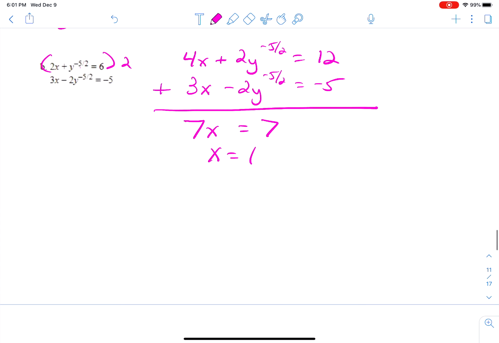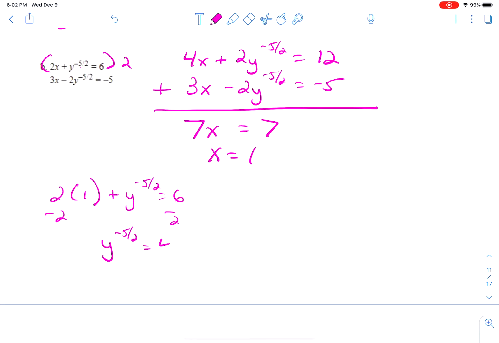So if x is equal to 1, y is equal to, I'm going to subtract 2 from each side. So y to the negative 5/2 power is equal to 4.